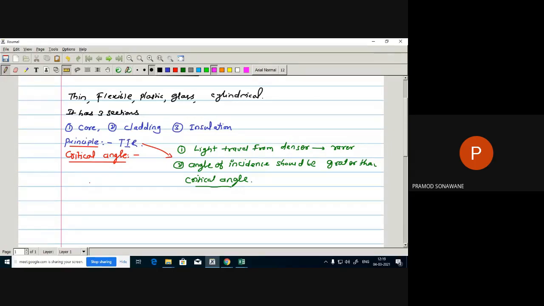This is the denser boundary, and this is a normal. Which medium is this? Denser medium. Now, the light ray is incident with a certain angle, so that the angle of refraction is how much?